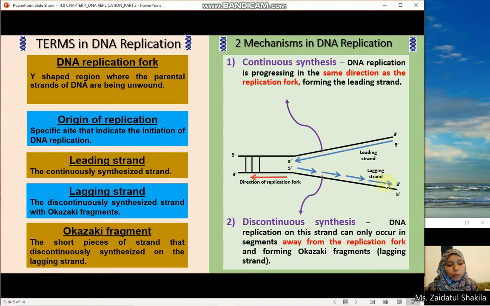So the formation of both new strands is different. There is a continuous synthesis mechanism producing the leading strand, while a discontinuous synthesis mechanism produces the lagging strand. In continuous synthesis, DNA replication progresses in the same direction as the replication fork, forming the leading strand. In discontinuous synthesis, DNA replication on this strand can only occur in segments away from the replication fork, forming Okazaki fragments, a.k.a. the lagging strand.